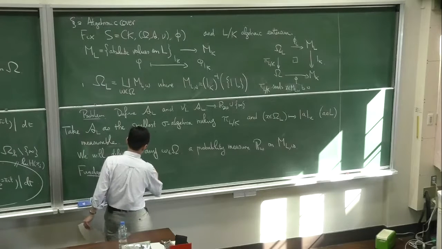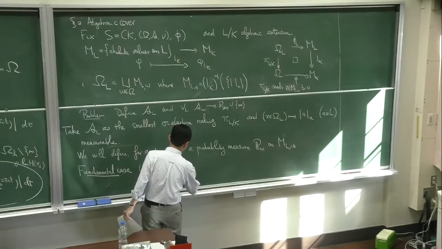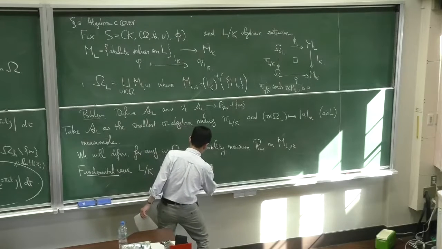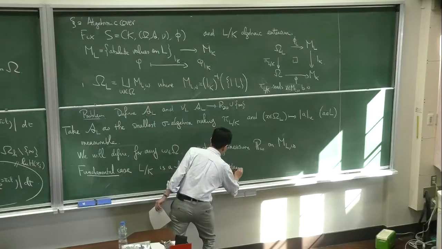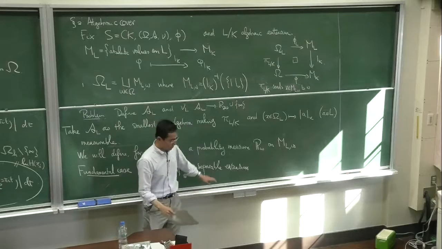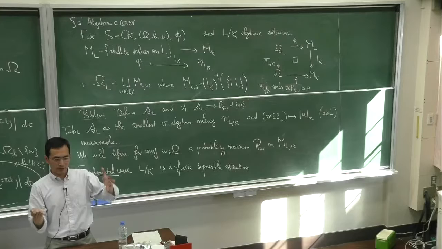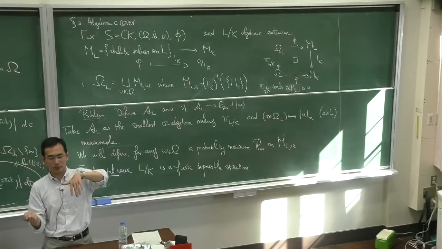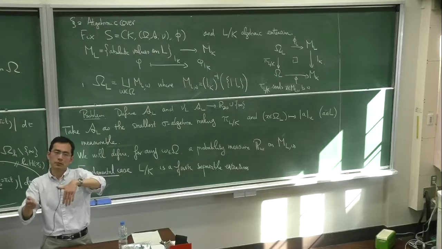Is that L over K a finite separable extension? So why can I assume separable? Because you can write a finite extension as firstly a finite separable extension, and then a purely inseparable extension.